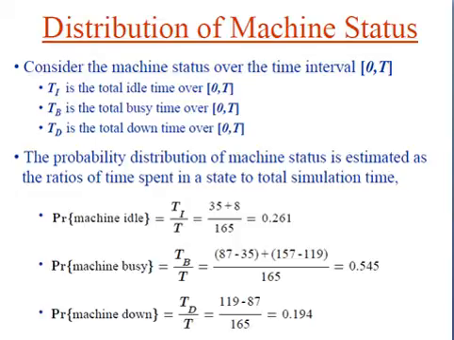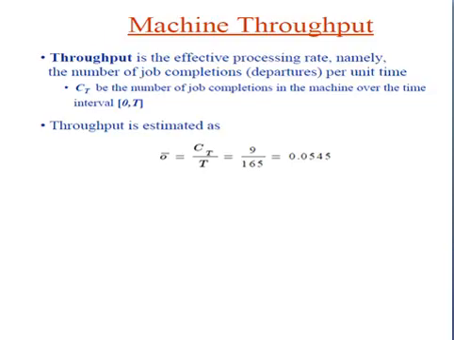Now let's talk about machine throughput. So for machine throughput, let's consider the number of jobs completed, and we are representing this by CT, right, for the whole interval.